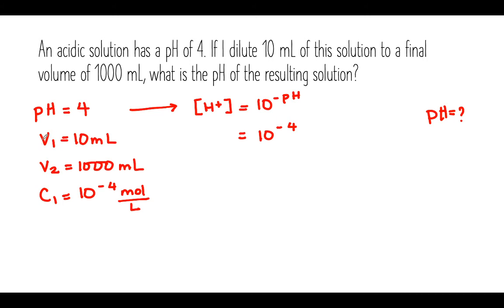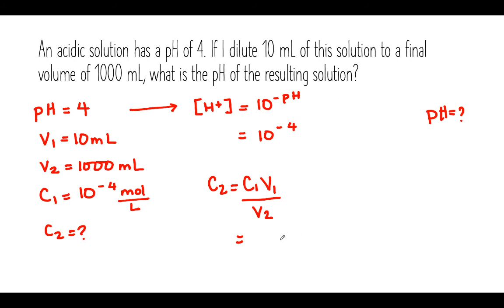Okay, now that I have V1, V2, and C1, I can easily solve for C2. And solving for C2 will take me to find the pH. I'll go through that in the next step. So first I need to solve for C2. And I know that C2 is equal to C1 times V1 divided by V2.